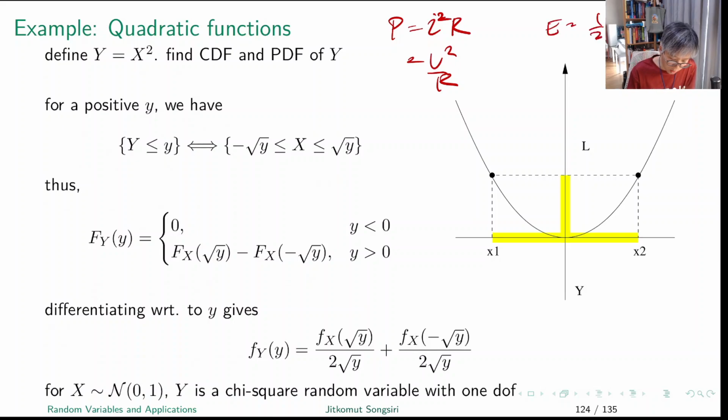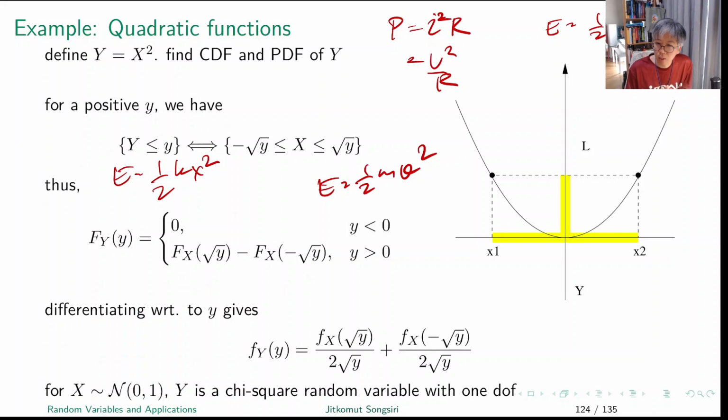We have kinetic energy, which is a quadratic function of velocity. You have potential energy absorbed by a spring that is stretched by a distance x as one half k x squared. So a lot of physical quantities in the real world have a quadratic expression.